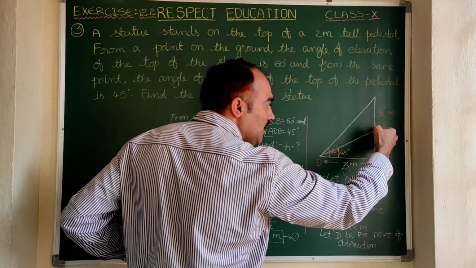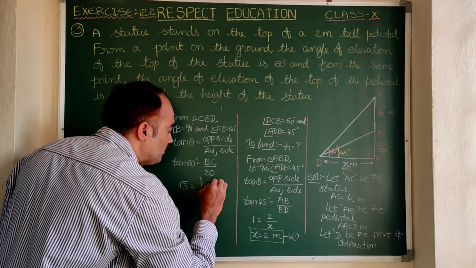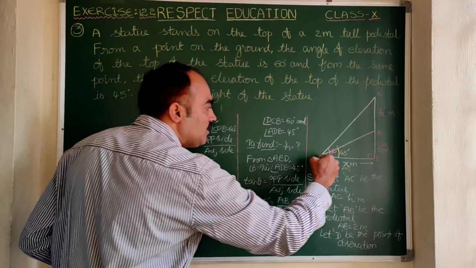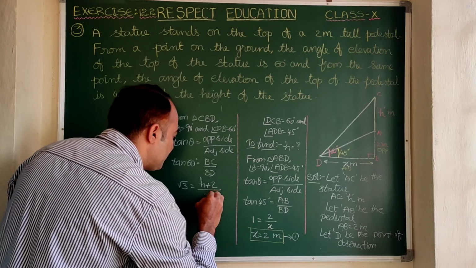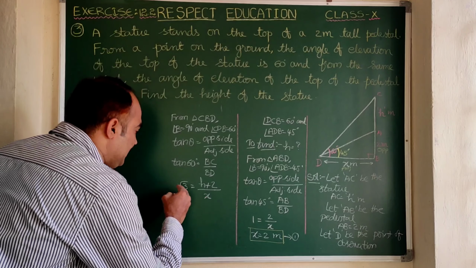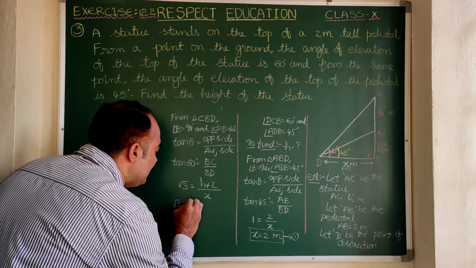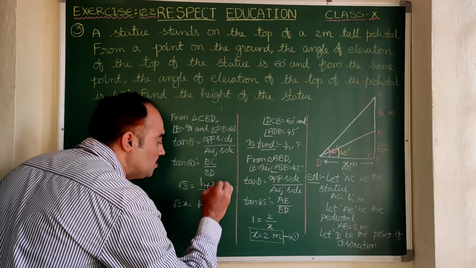CA is h plus AB is 2. So we can write this as h plus 2 by BD, which is already x. Now let us do cross multiplication: root 3 x is equal to h plus 2.